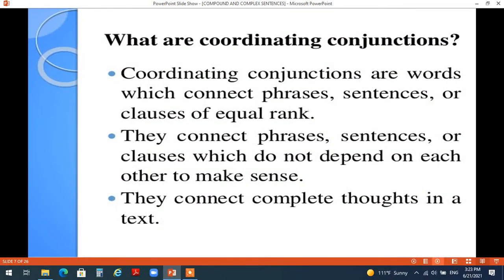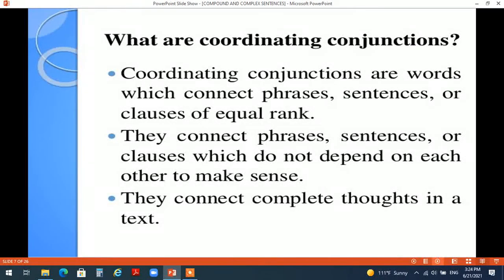Now we want to know what are coordinating conjunctions. Coordinating conjunctions are words which connect phrases, sentences or clauses of equal rank. إذن أدوات الربط التناسقية هي عبارة عن كلمات تستخدم لربط العبارات الاسمية أو جمل بسيطة أو عبارات فعلية، على شرط أن تبقى كل هذه العبارات الاسمية أو العبارات الفعلية أو الجمل البسيطة التي ربطت باستخدام واحدة من هذه الأدوات محافظة على أهميتها وكلها تكون على نفس القدر من الأهمية.